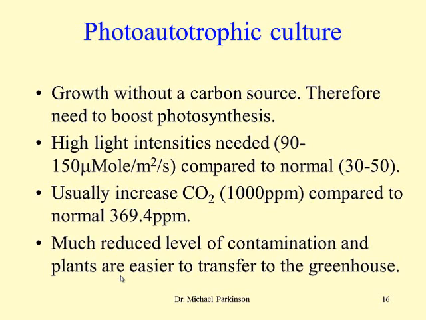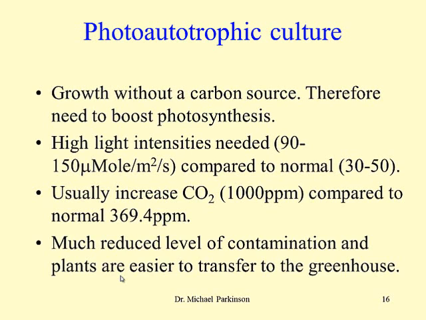One of the problems with growing plants with high levels of sucrose is that the plants don't need to photosynthesize, and they tend to have abnormal physiology and anatomy. For example, plants grown in culture tend to have very thin cuticles, and they desiccate very easily when you take them out of the tubs that they're in. They tend to have stomata which remain open, so they lose a lot of water when we transfer them to the greenhouse.